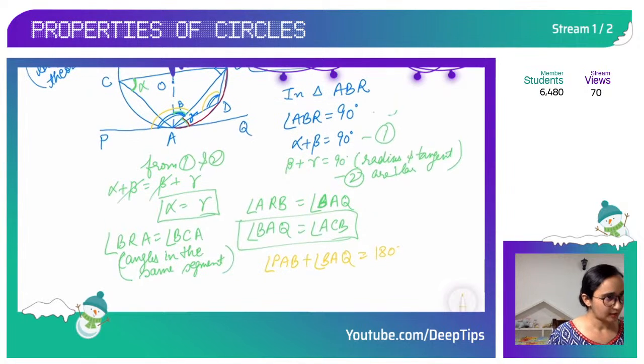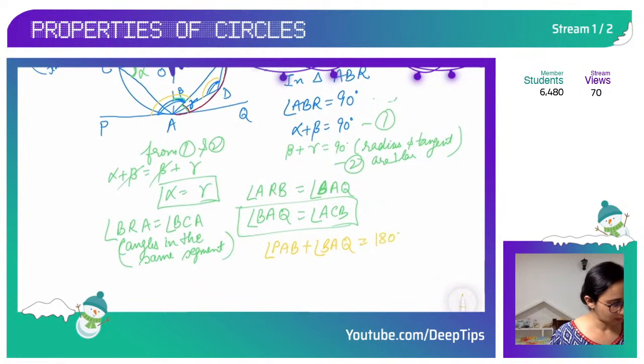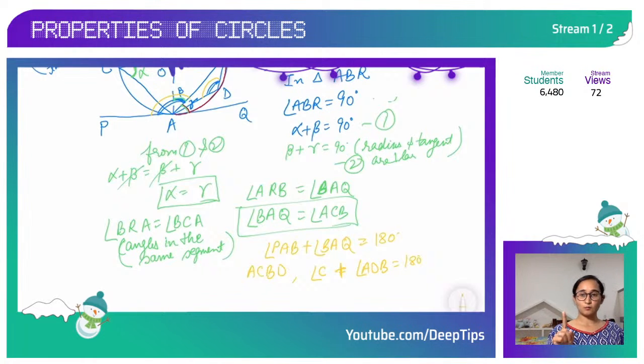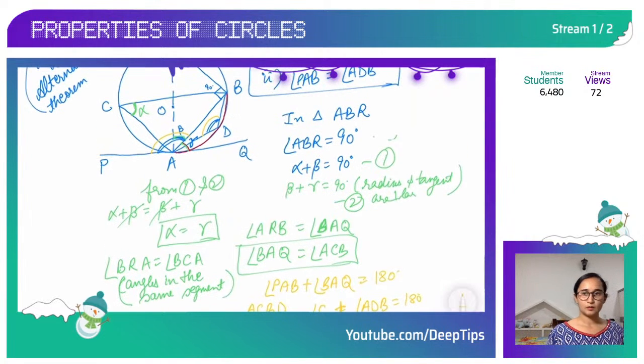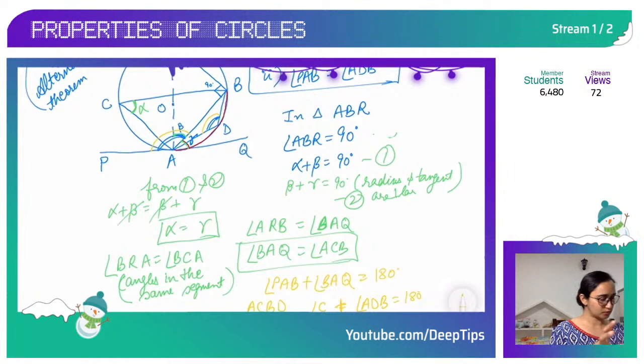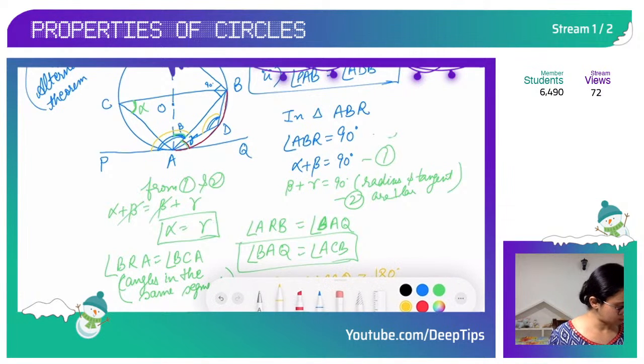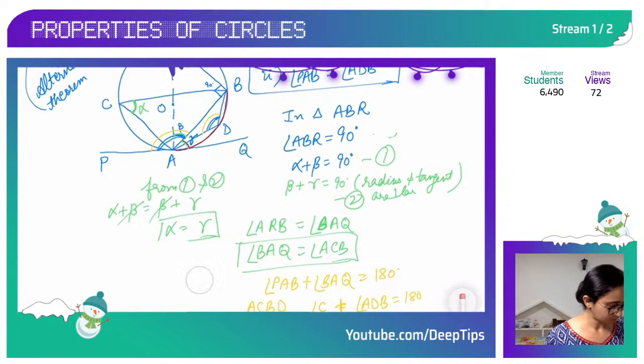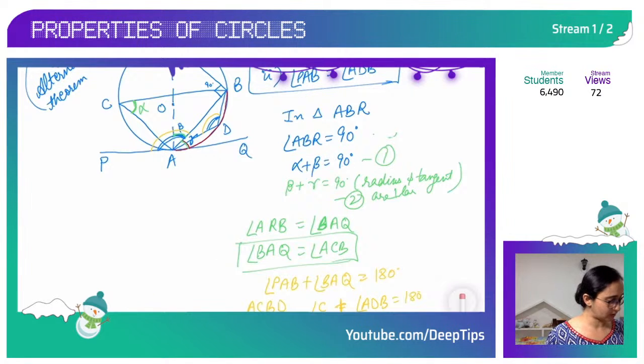And if I take a cyclic quadrilateral ACBD, then angle C plus angle ADB is 180 degrees. We have just done in one of the theorems that in a cyclic quadrilateral, opposite angles add up to 180 degrees. If you can look at my diagram, I know space is a little over occupied here, so I shall erase the previous work so that you can look at the diagram and understand.